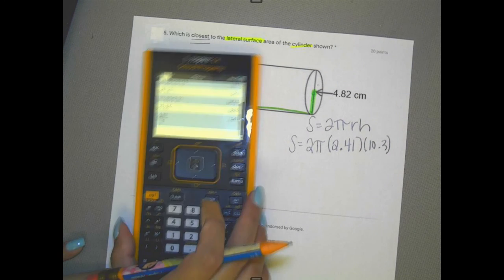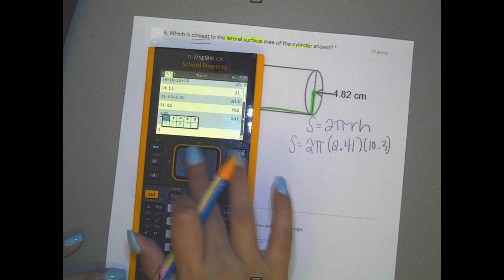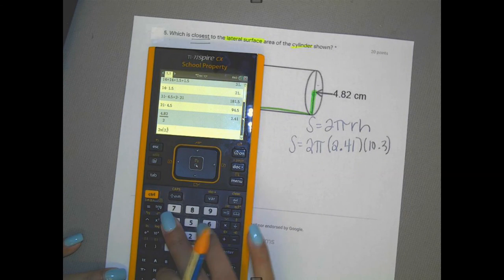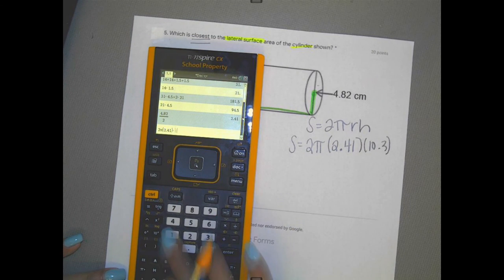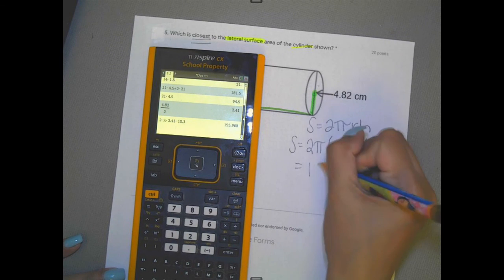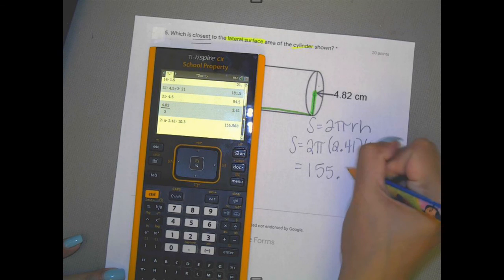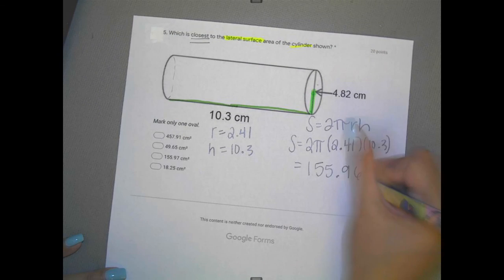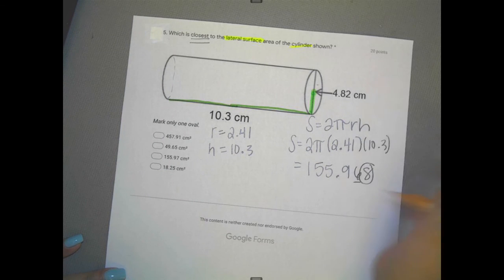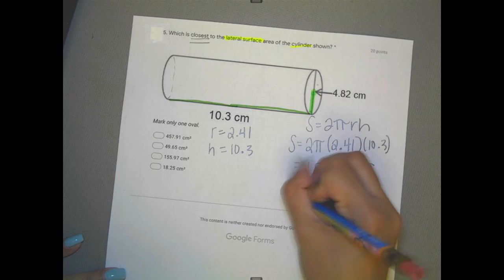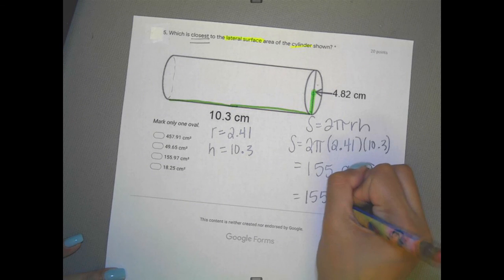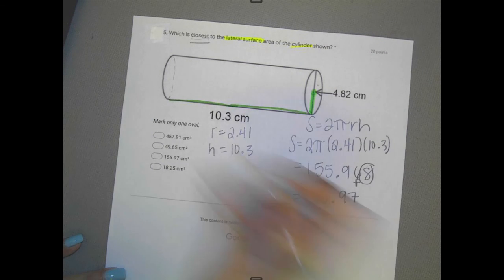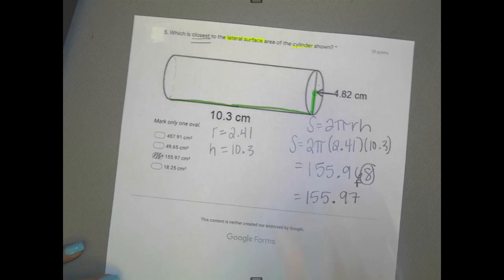And when I get my calculator and I type it all in, I get 155.968, which tells me I would round. That 8 tells me to round up. So I should get 155.97, and that matches here with answer choice C.